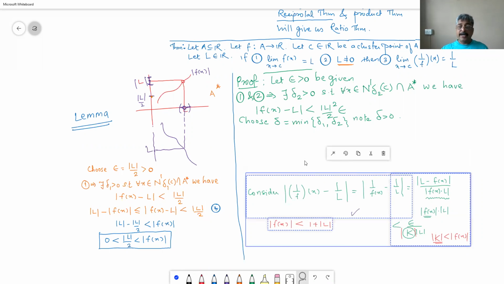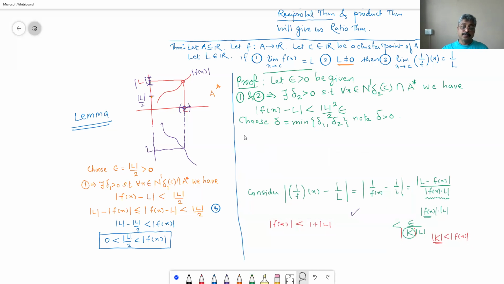So now let x belong to the deleted delta neighborhood of C intersection A star. For this x, both above statements are true.